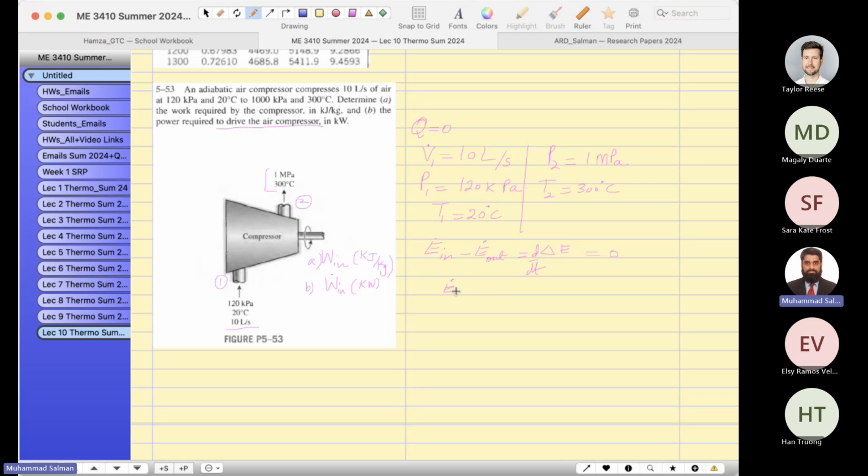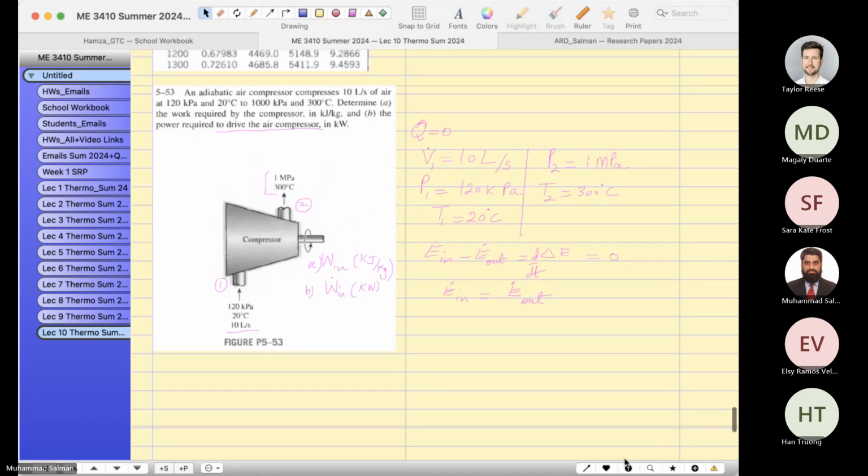Remember Q is zero since it is adiabatic, so you are left with W dot in plus the incoming enthalpy term.